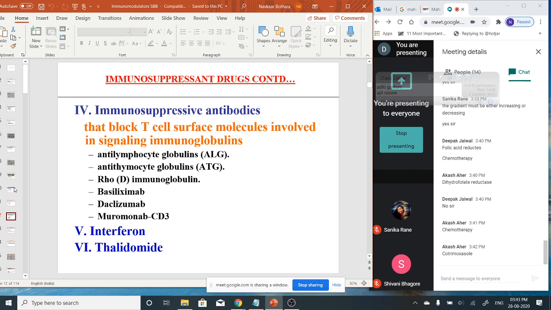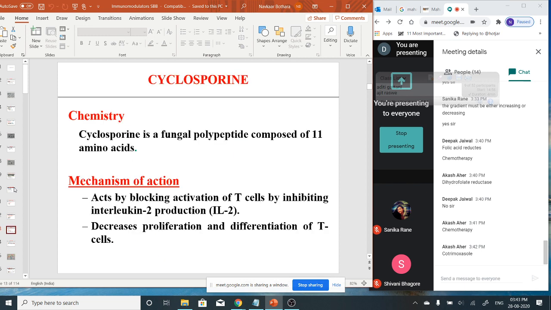Then MABs means monoclonal antibodies. So basiliximab, daclizumab, muromonab, which particularly acts on CD3. Then interferon, thalidomide. These are some of the agents. We shall see them one by one.